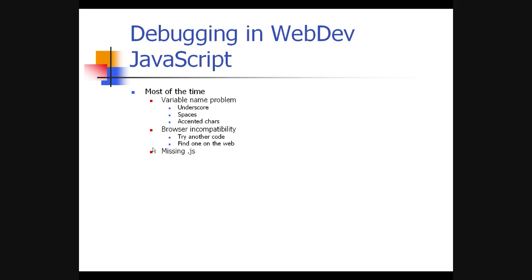Then you have the very often case of the missing .js. A file with the extension JS is in fact a JavaScript program. And well, you are using code that is calling one of these programs, and you are calling something that is just not there, and you have that problem.